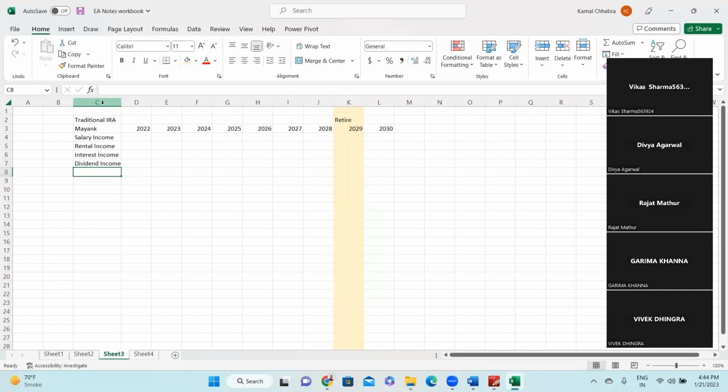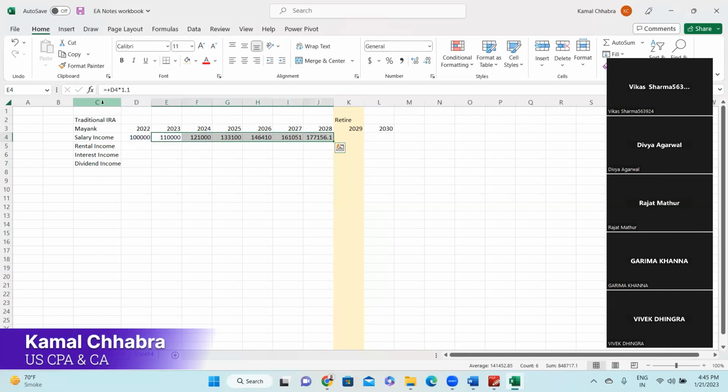Let's assume Mayank has all these incomes. Let's assume he has $100,000 and he is working in a good company, so every year he gets a 10% increment. And in 2029 he is getting retired, so his salary income for '29 and '30 is, let's assume, none.